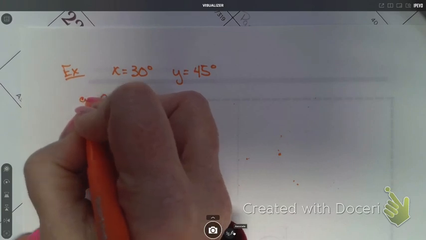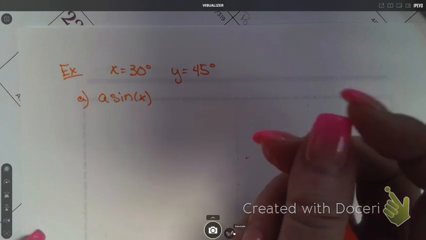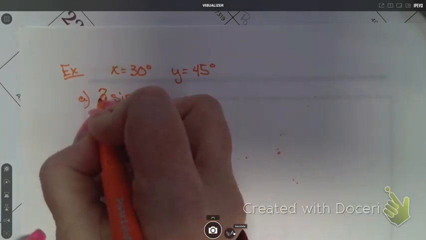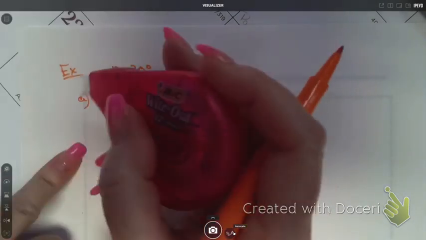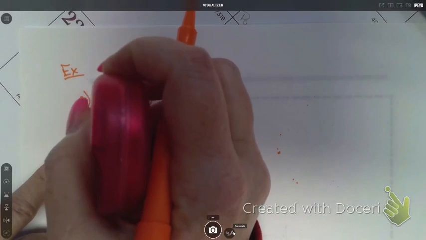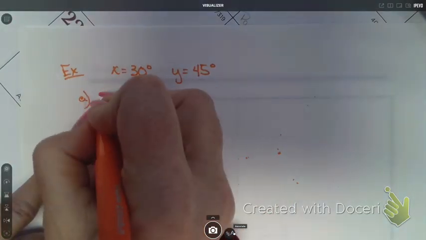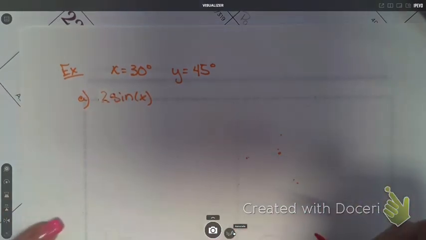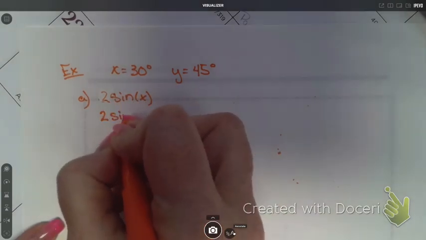Your book does not put parentheses, so put them. It can't be an a, because a is the problem. So what do I need to do? Plug in the 30. So I have 2 sine of 30.